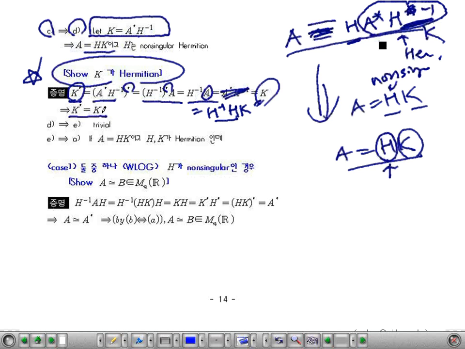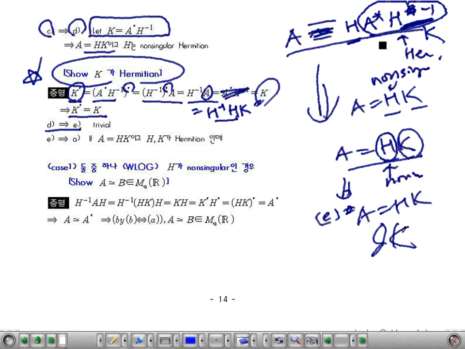So K is Hermitian. Okay, D implies E. Here D is that A is a product of two Hermitian matrices and one is non-singular. And E is just that A is a product of two Hermitian matrices. So this implies this one. Okay, no problem. Done.